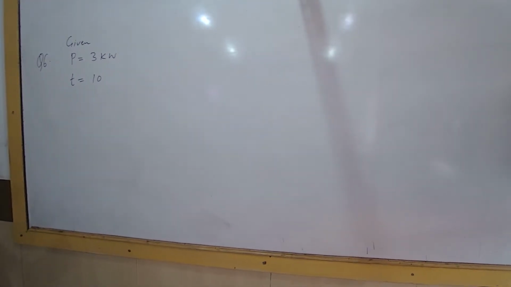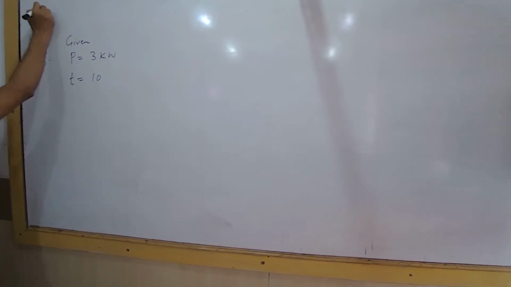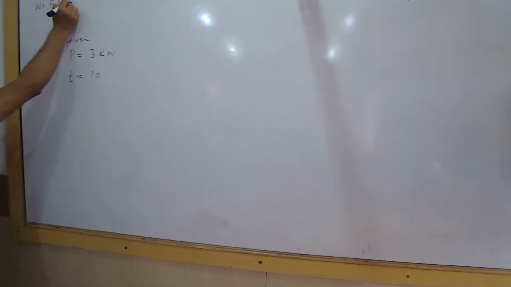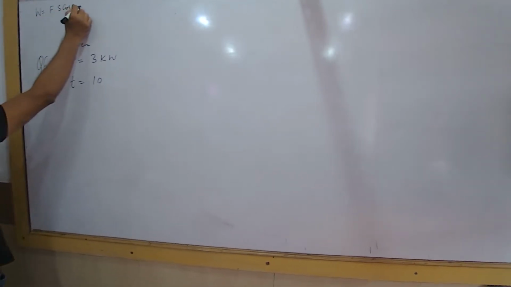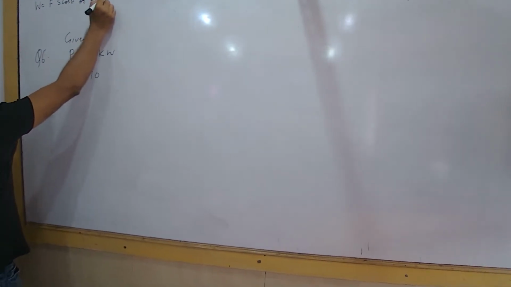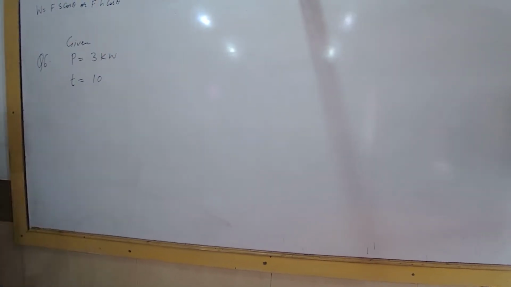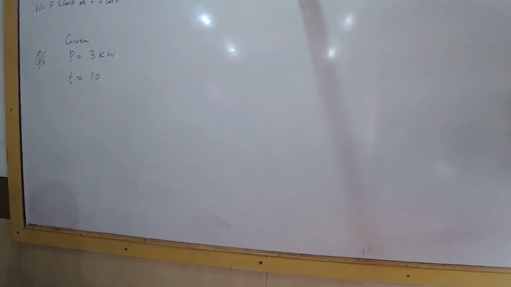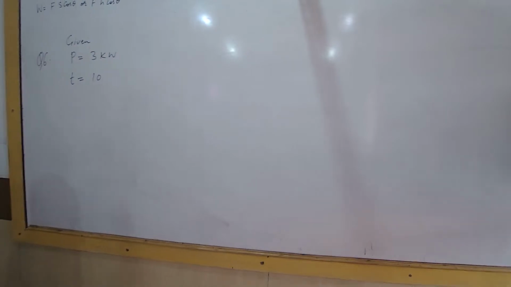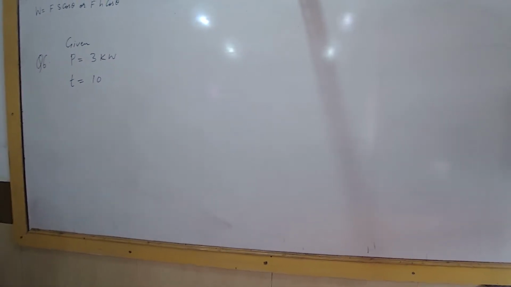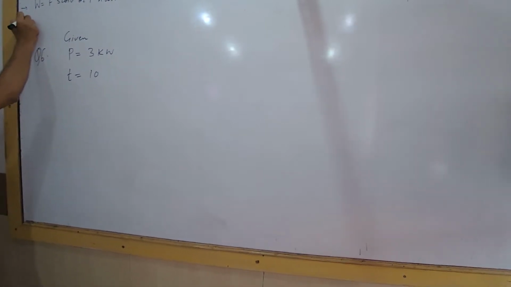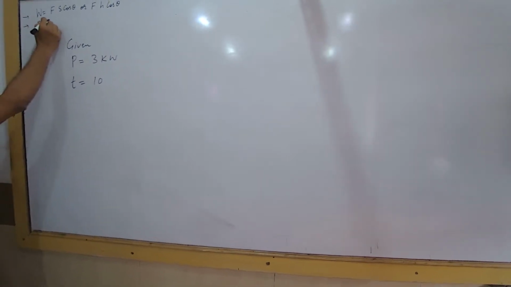Quickly, can you give me the formulas in this chapter? Let's write down the formulas. Work done is equal to F s cos theta, or F h cos theta. When do we use s cos theta and when do we use h cos theta? Horizontal motion s, vertical motion h. For length you should use s and for height you should use h. For power we have the formula work upon time.